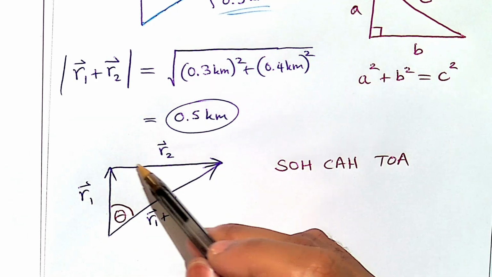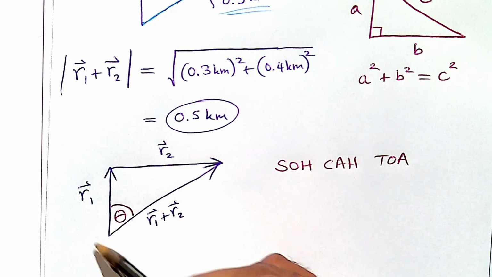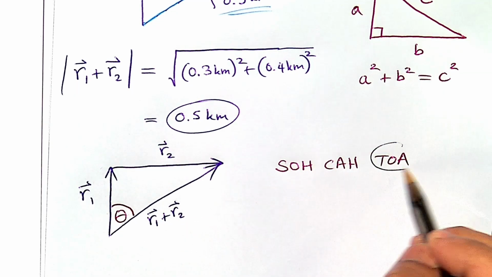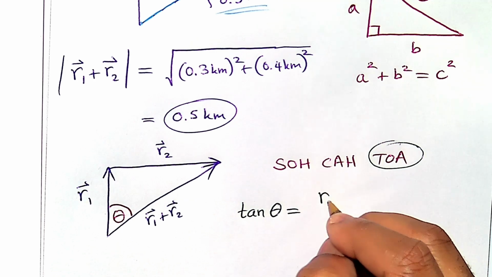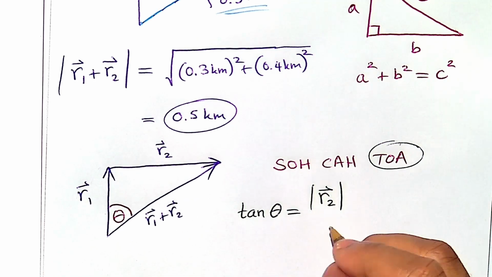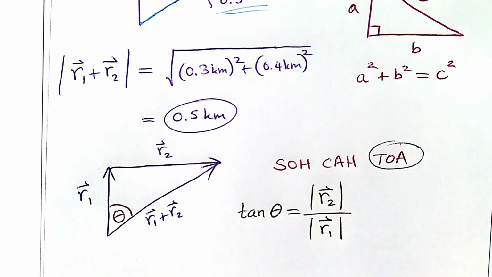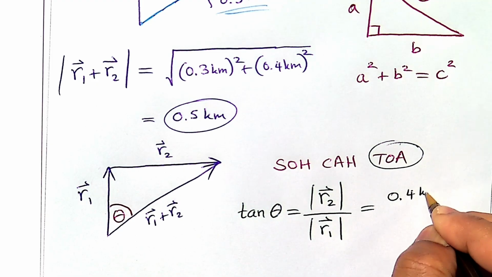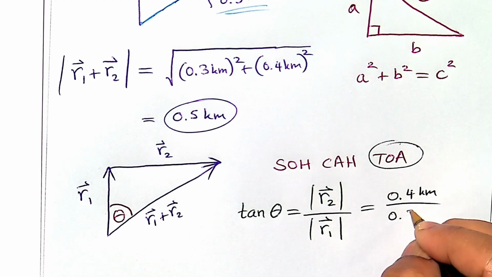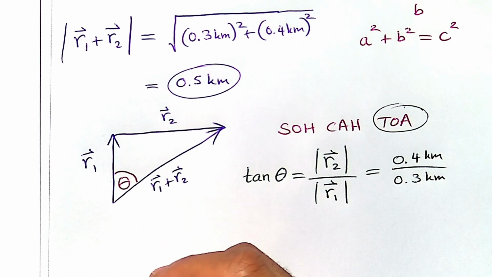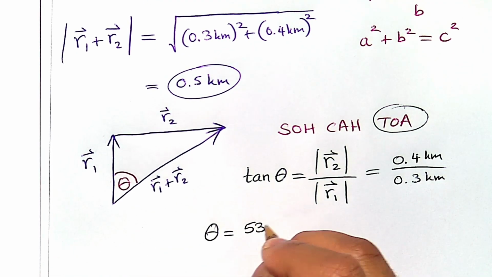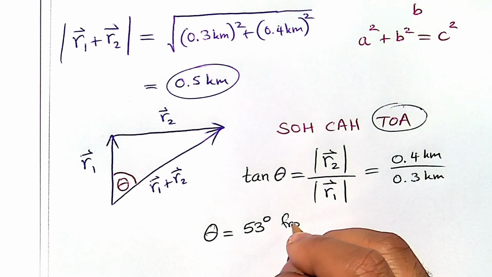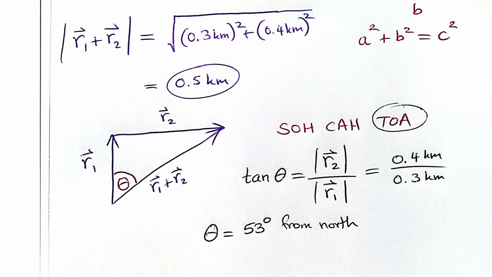We know the length of the opposite, we know the length of the adjacent, so we want to use our tangent, because tangent of theta is the magnitude of R2 divided by the magnitude of R1. So the opposite over the adjacent, which is 0.4 kilometers divided by 0.3 kilometers. And if you take the arctangent, you can solve that this angle is 53 degrees, and you can say from, say, north to identify the direction.